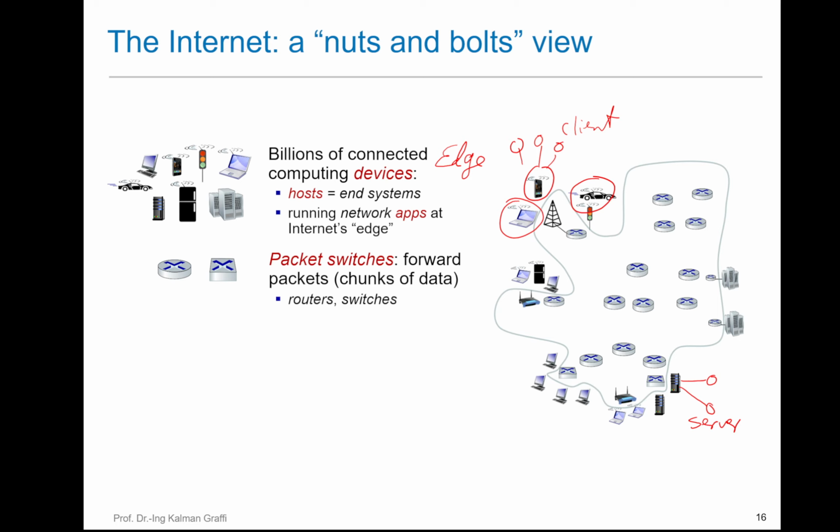And there's the second part of the network, the inner network, which does not have any applications except these routers, which have only one goal. The only goal of these devices is to make sure that if there is a message from A, it is delivered to B, and that the message finds its shortest path to the destination node.